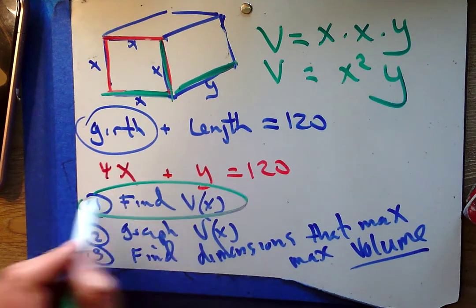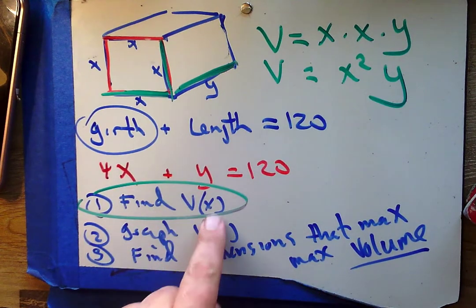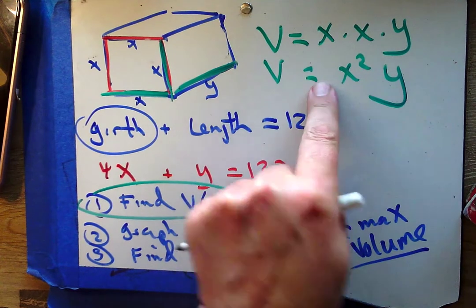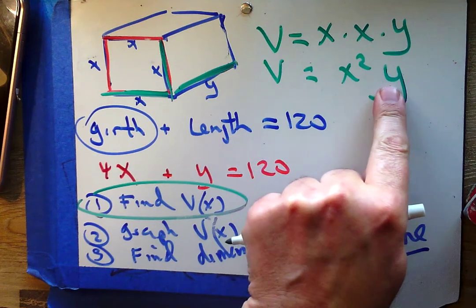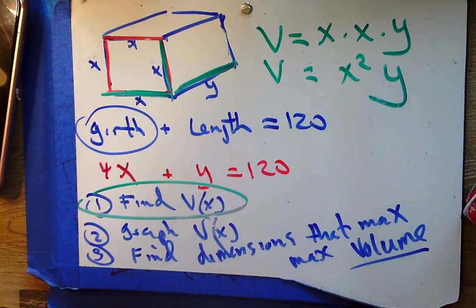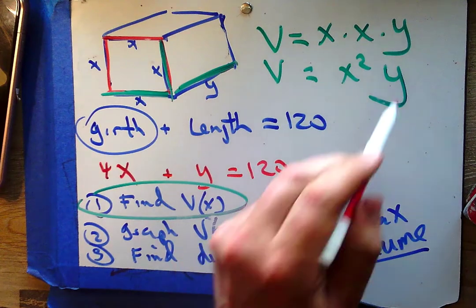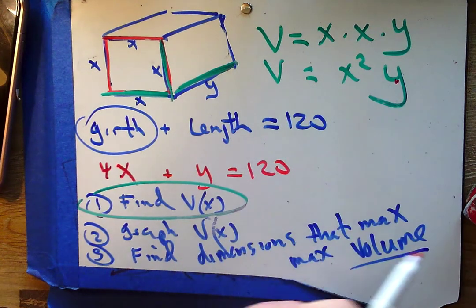Now, we're not done yet, because this says volume as a function of x. So my equation for volume over here can only have x's in it. Somehow I have to get rid of that y and replace it with some x stuff. Oh, I wish I had a helping equation that I could solve for y and then plug in there to get rid of my y.